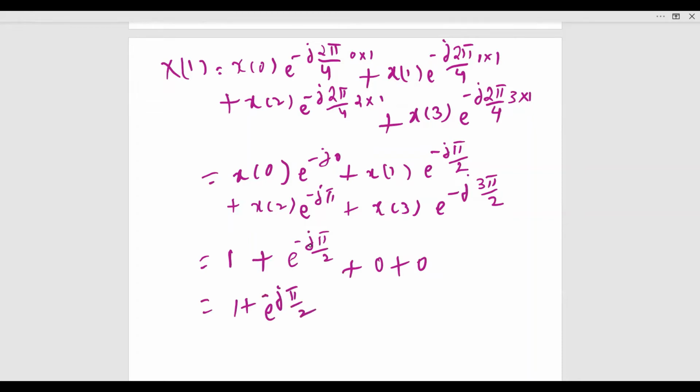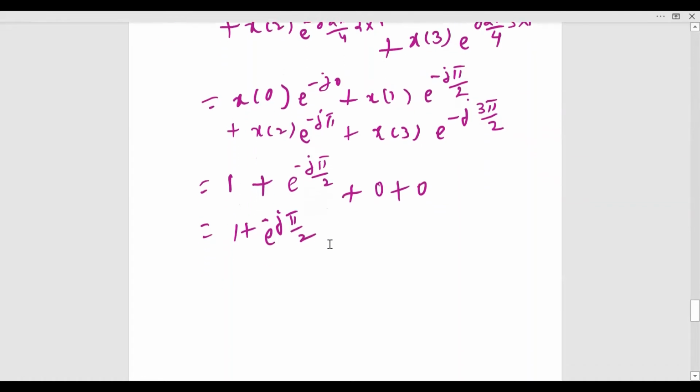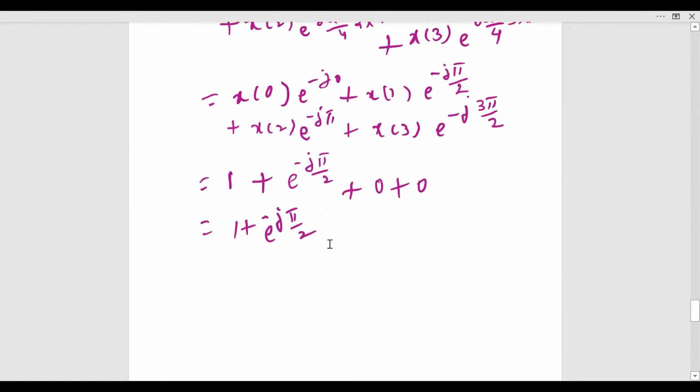We have a formula e power minus j theta is equal to cos theta minus j sin theta. Right? So now pi by 2 is nothing but 90, right?